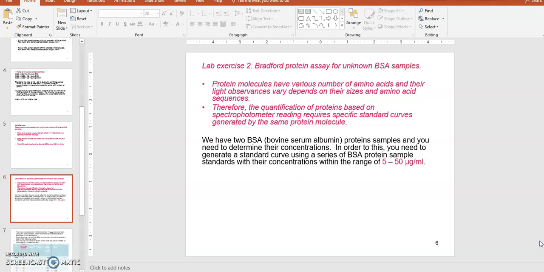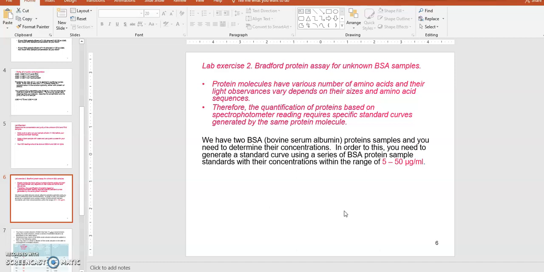Among several possible color-based protein assays, you're going to do a lab exercise on an assay called the Bradford protein assay. Bradford is the name of the inventor who made this dye. The Bradford assay has Coomassie brilliant blue, a blue dye that will stick to your protein very well.